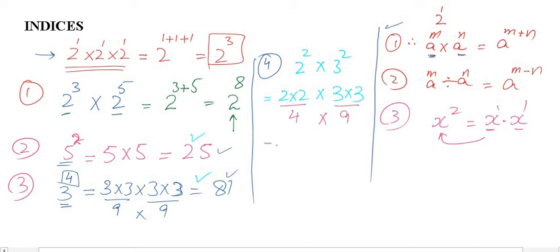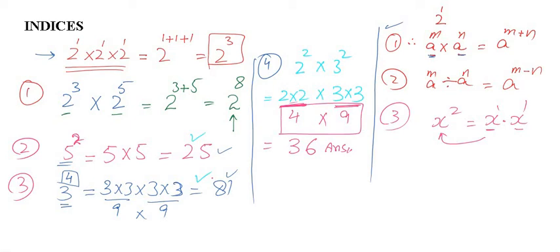Then multiply these two numbers, 4 times 9. This is not a division, I'm just mentioning it here. You get 4 times 9 equals 36. So this is your answer, and this is how you find the values for different questions.